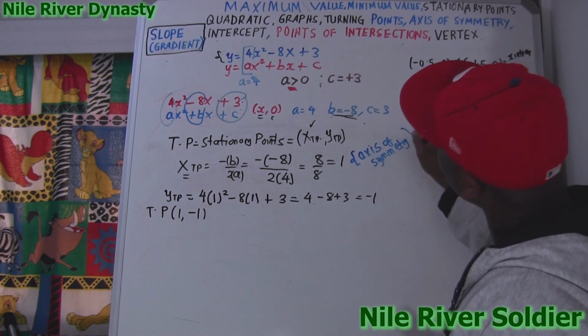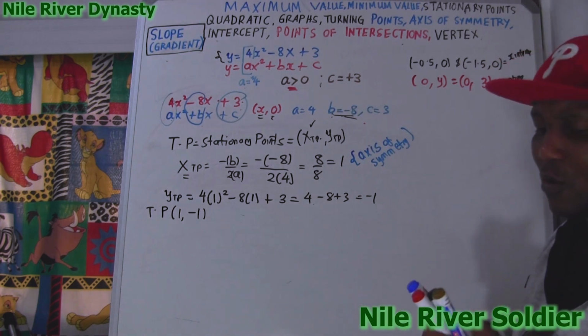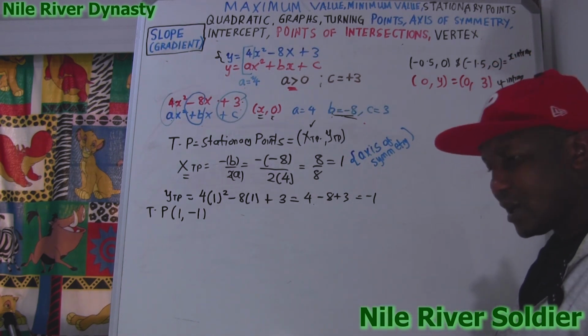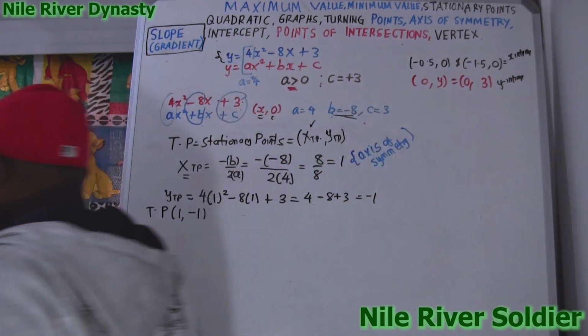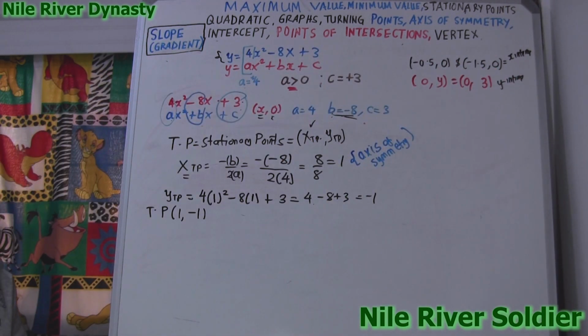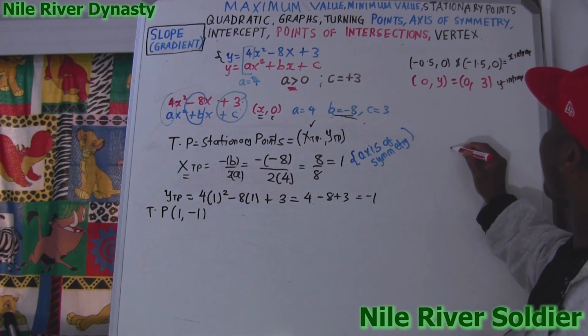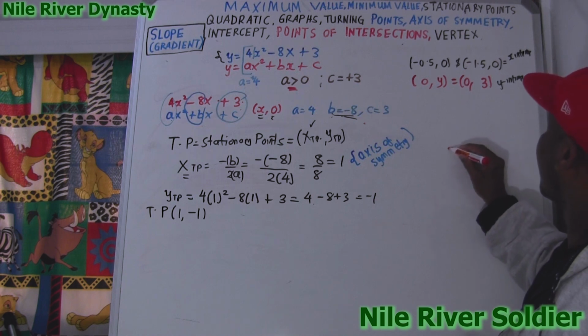But man, what do you mean? Why do you call this the axis of symmetry? How do you know? When somebody says symmetry, let me find a good example. Just a minute, sir. Oh, I can't see, man. It's okay, let me show you. Symmetry, for example, if I have something like this.